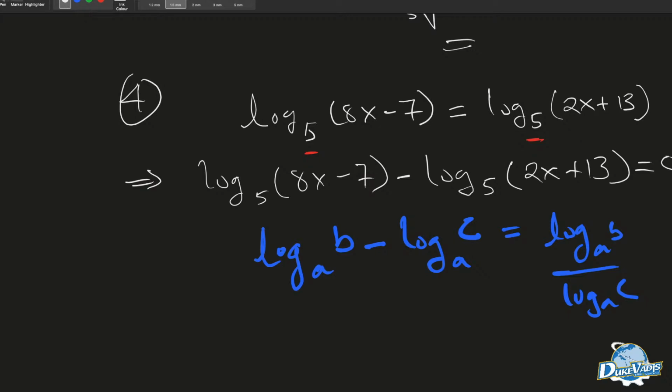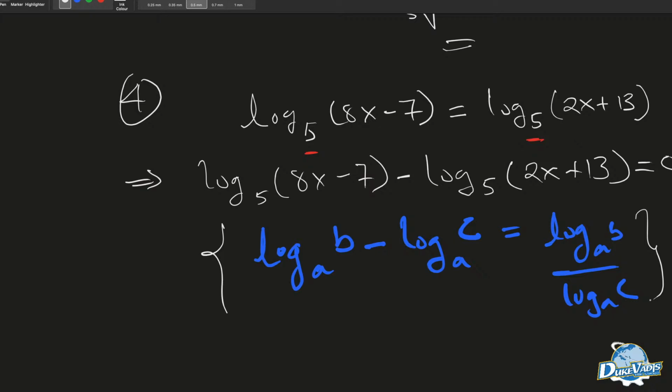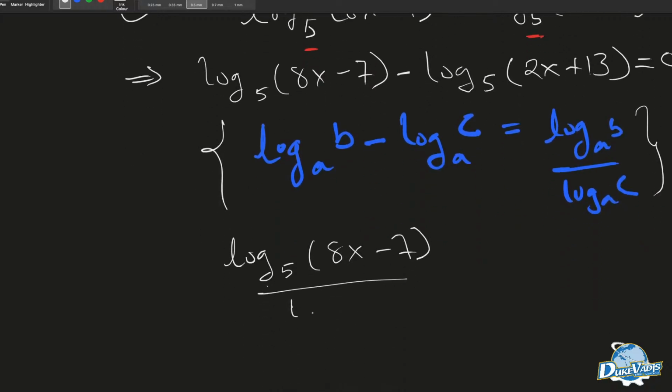Okay, let's go back and see. If we apply this to this question, then we can say that this equation will be log base 5 into bracket 8x minus 7 all over log to the base 5 of 2x plus 13 is equal to 0.